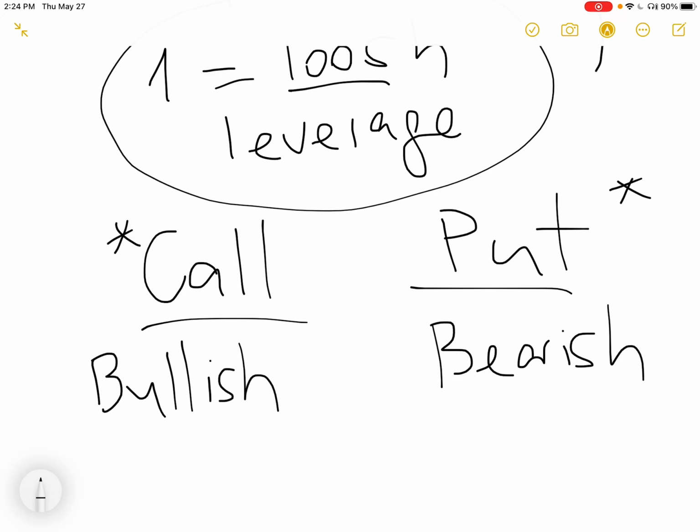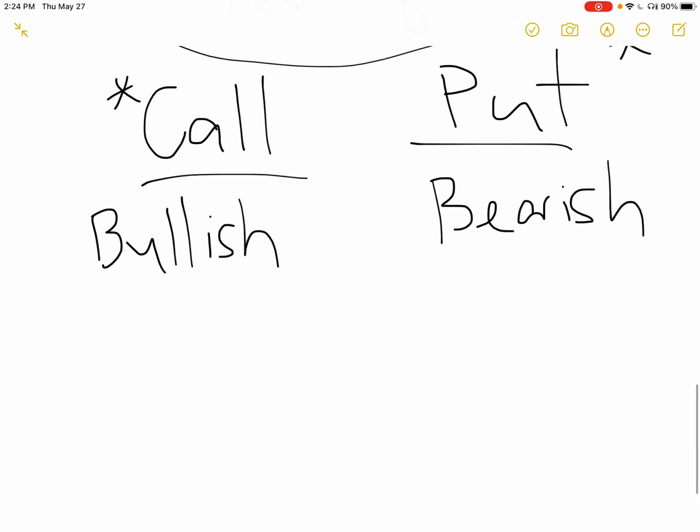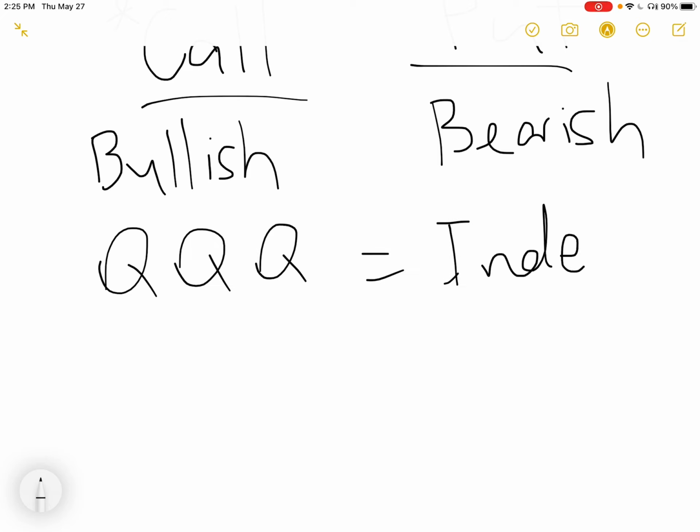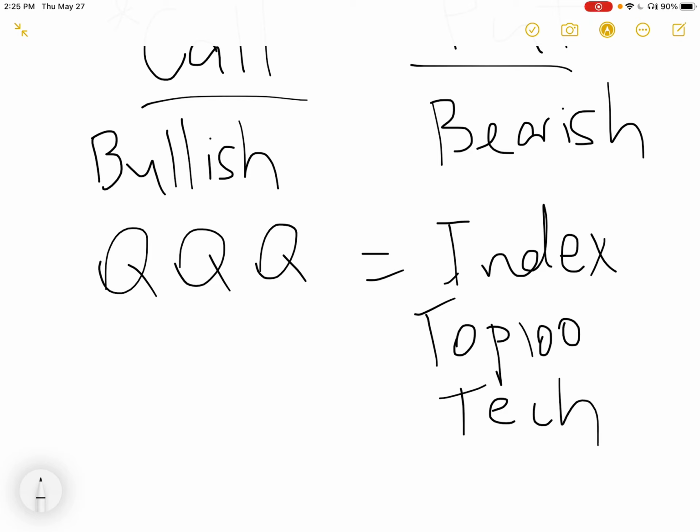So for example, as I said, I usually trade the QQQ. This is an index of the top 100 companies in the US stock market by market cap. It's geared more towards technology, some cyclicals and stuff, and due to the nature of the index, it has a bit of that volatility.